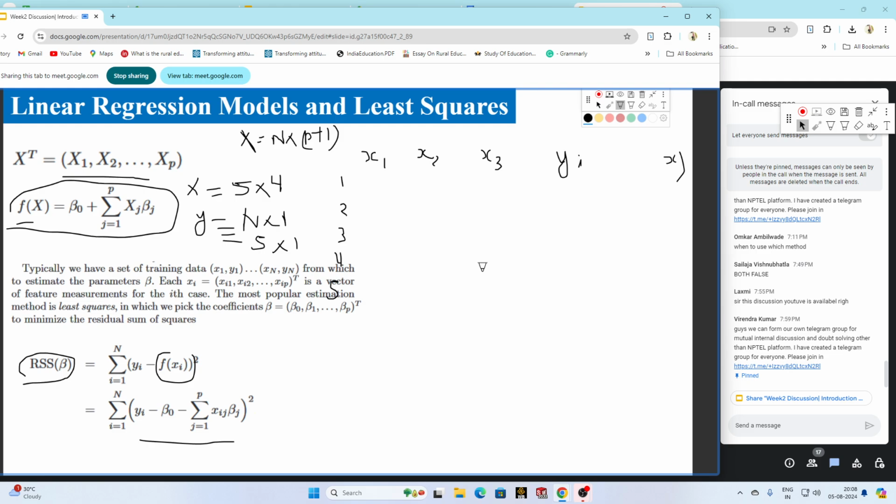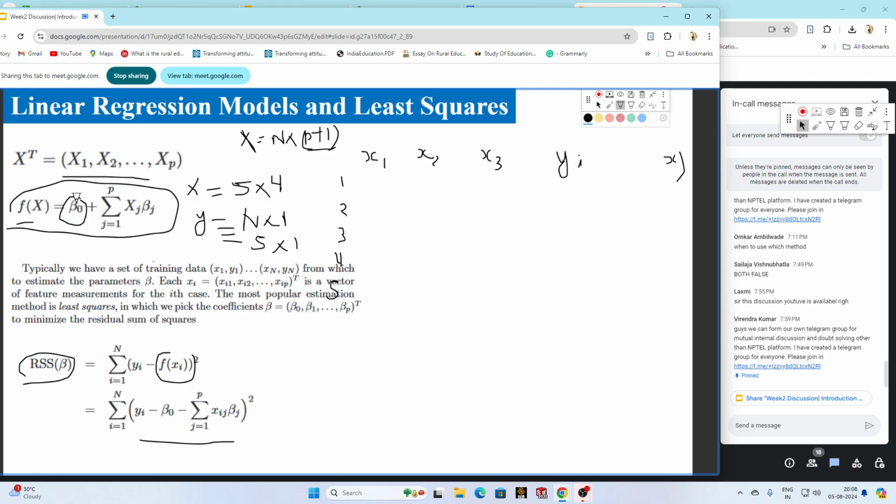Now there can be a question: why are we taking p plus 1, why not only p? Here you can see the equation. This equation has an extra term, beta naught, that is not related to any input, but is some kind of intercept.